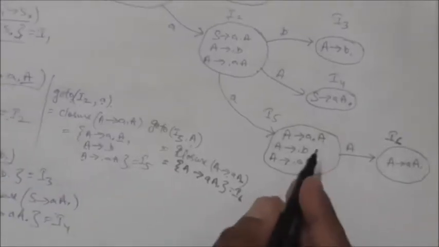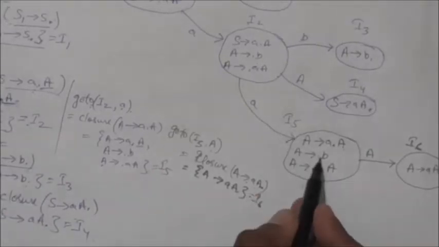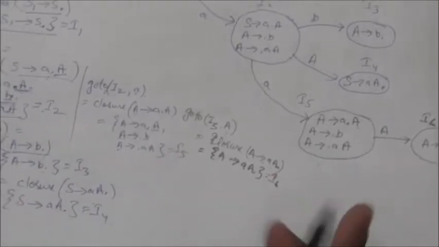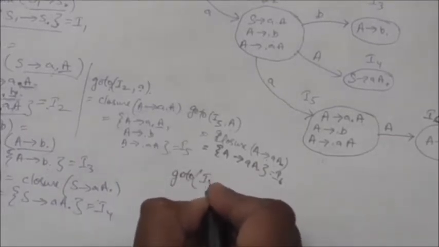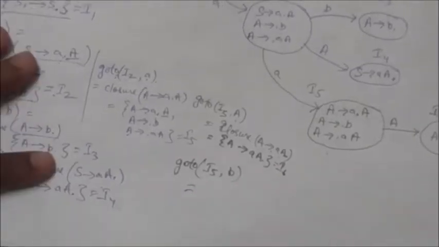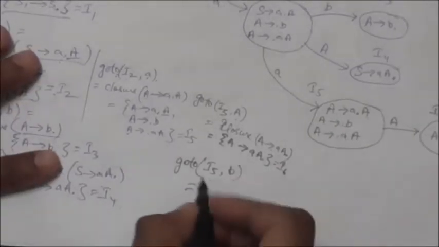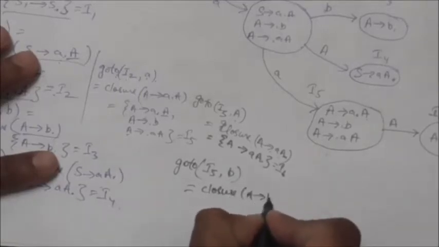Now we find the transition of state I5 for terminal symbol B. For that we have to evaluate this Goto function, Goto I5 B, and it will be equal to closure of A derives B dot.